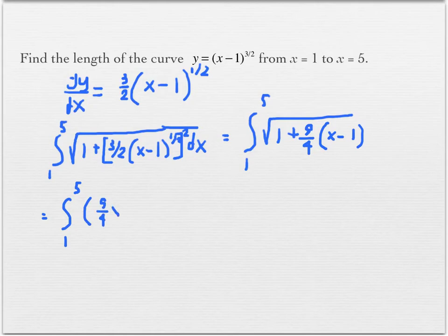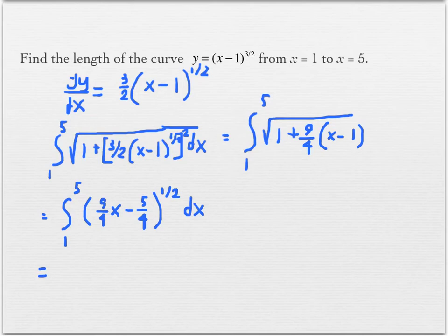9/4 x, and then minus 5/4 when I combine the number parts together. Notice I got rid of the square root, but we know by now that the square root is the 1/2 power, like that. Now this is one that we could do analytically pretty much. I'm going to bypass a couple of steps to show you what it would be. But again, the antiderivative of something to the 1/2 would have to be something to the 3/2 power.